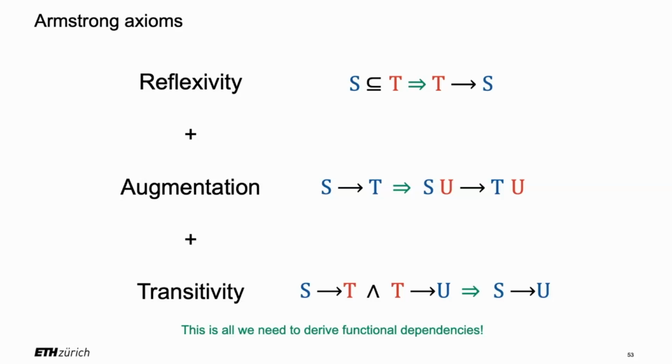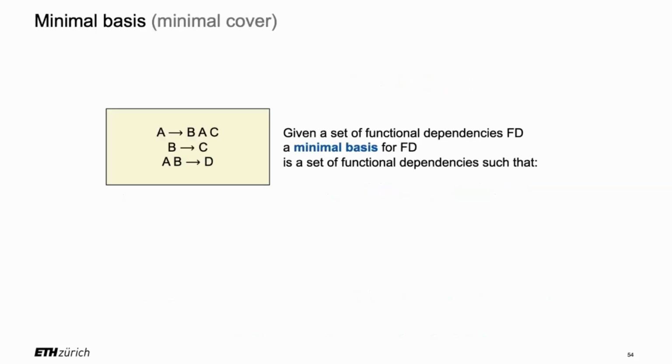Because there's also the splitting. What are the ones not in here? It's the splitting and combining, right? Well, in fact, you can try to do it as an exercise, but you can show with these 3 axioms, you can derive the splitting and combining as well, right? So this is reflexivity, augmentation, and transitivity.